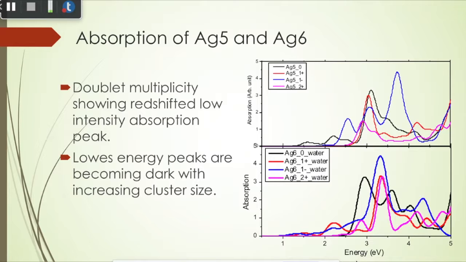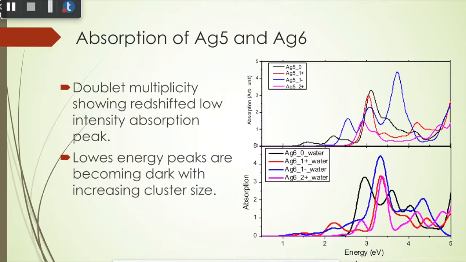We also saw that at very large sizes, this low energy doublet transition goes dark; for the largest, like silver 17 or silver 18, it didn't show this low energy transition. Why are there so many lines?